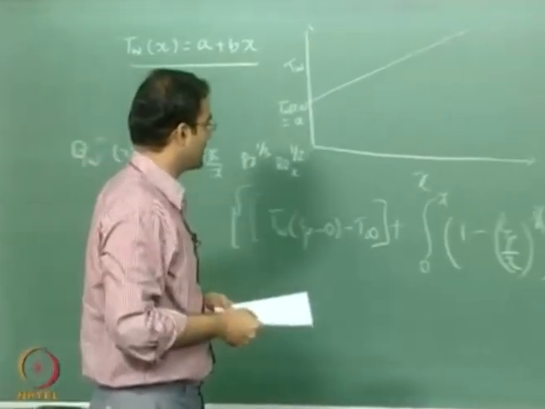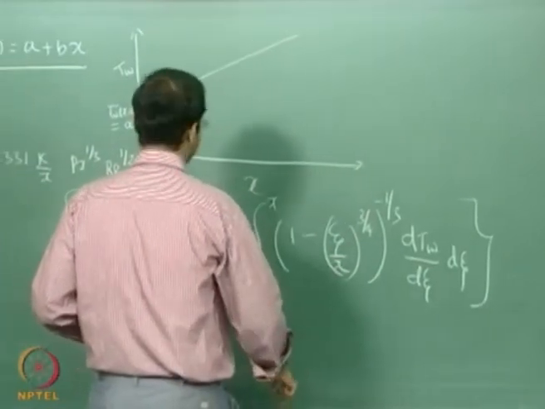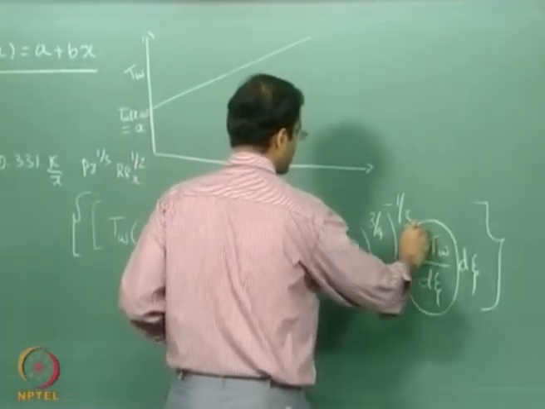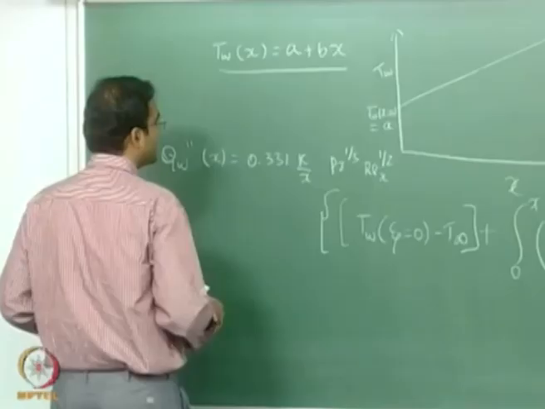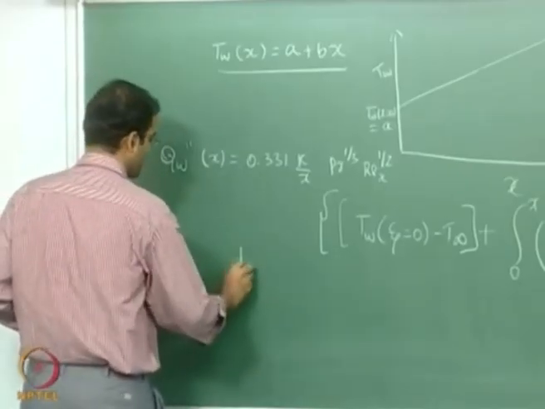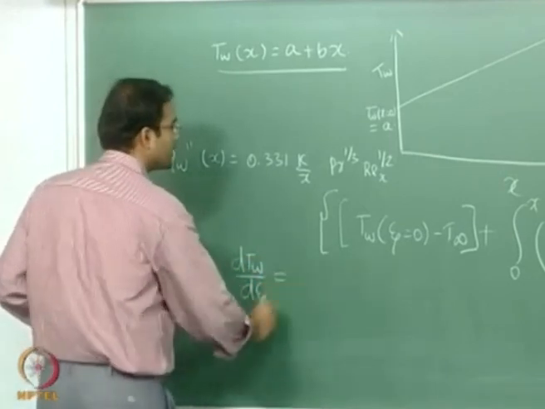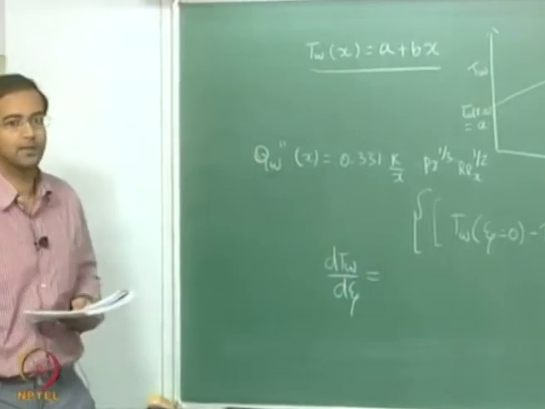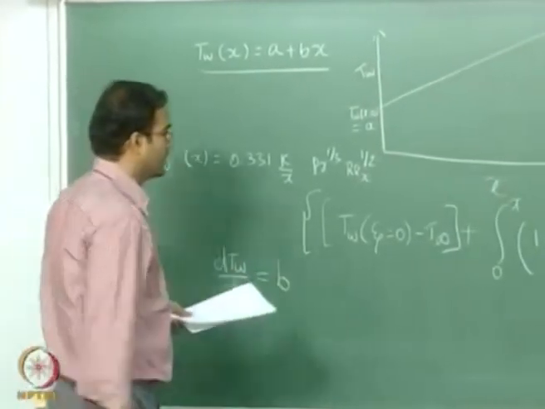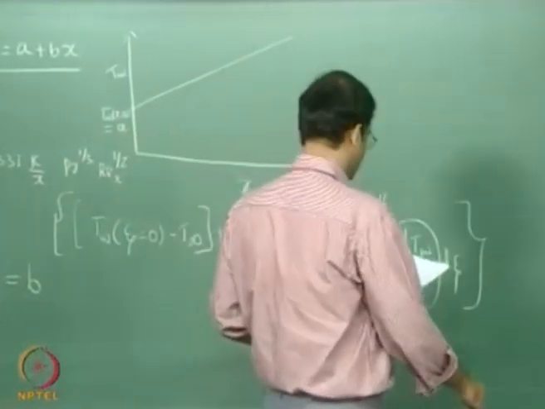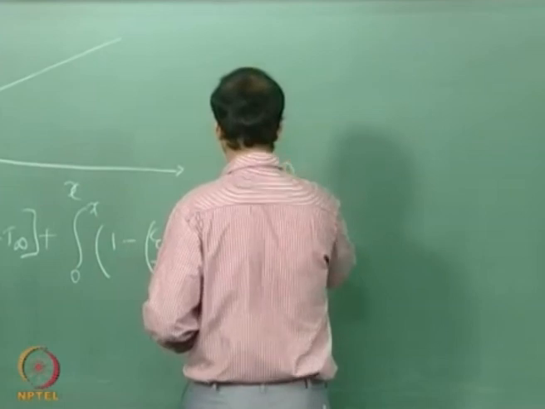In order to evaluate this Duhamel's integral, we need to first get the slope of the wall temperature profile, and since this is a linear profile, it is very simple. In this case dT wall by d zeta will be b for this particular profile. We will substitute this into the equation, let us call this equation 1.